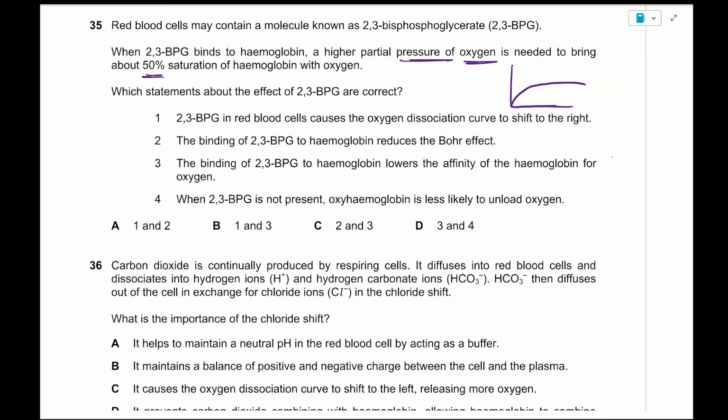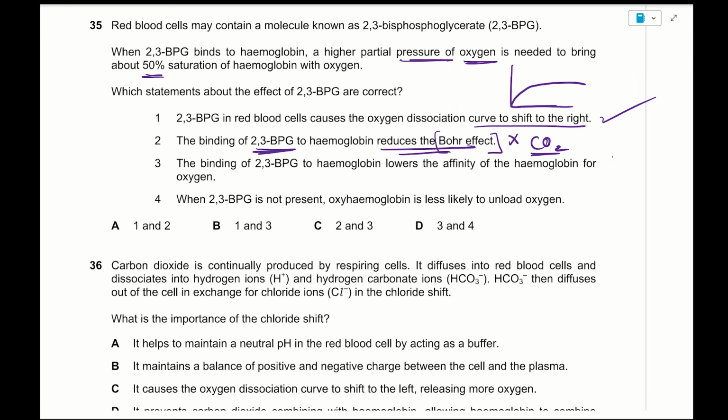Now, which statements about the effect of 2,3-bisphosphoglycerate are correct? 1. It causes the oxygen dissociation curve to shift to the right. This is correct because it decreases the affinity of hemoglobin to oxygen. 2. The binding of 2,3-bisphosphoglycerate to hemoglobin reduces the Bohr effect. Now, first of all, the Bohr effect is a decrease of affinity of hemoglobin to oxygen due to the presence of carbon dioxide.